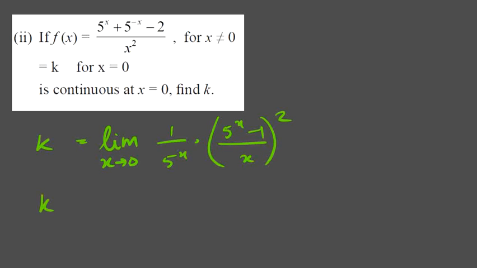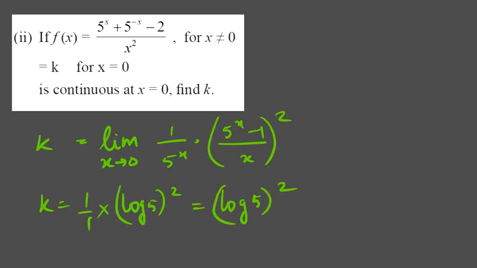If you split the limit, you have the value of it as 1 upon 5 power 0, that is 1 upon 1, multiplied by the limit that goes with this bracket. You can take that limit inside the bracket, and the value for this expression will be equal to log 5. So we will have log 5 the whole square, and so the value of k finally is log 5 the whole square. So that's how we are solving the second question.